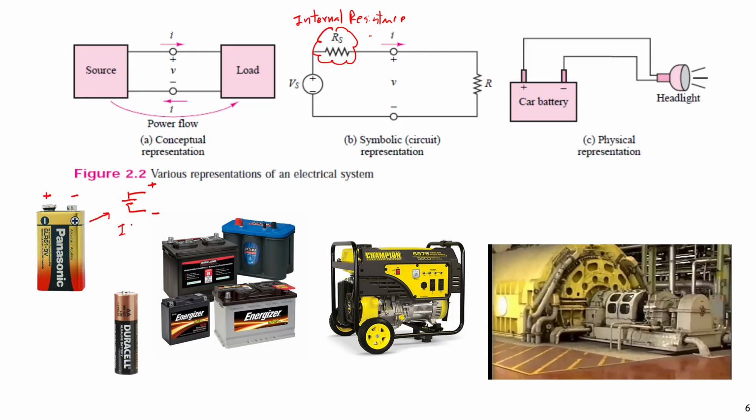This is ideal. But in a more practical representation, it will have internal resistance for positive and negative. This is for this battery. This is practical, right? We have the internal resistance for this type of source.